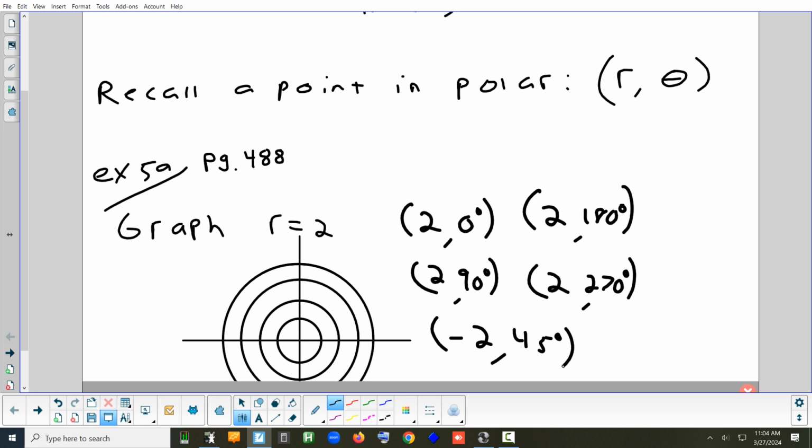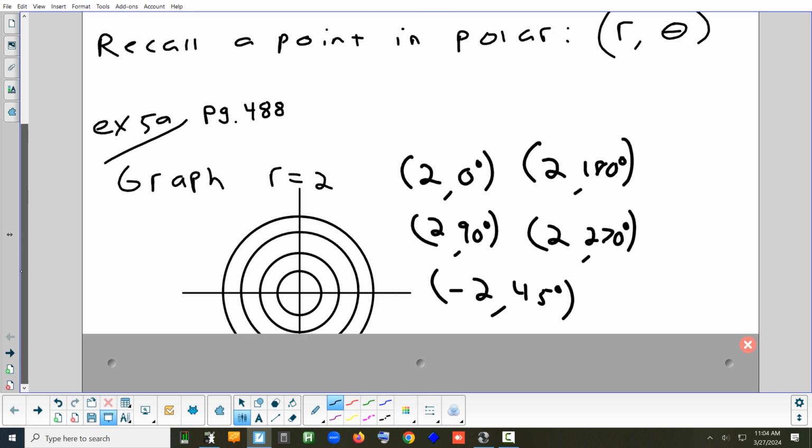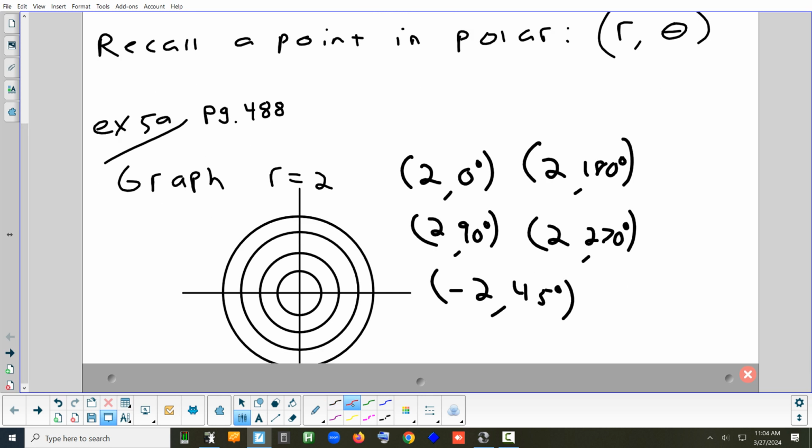But I just want you to remember that this is okay as a point, (-2, 45). All right, so let's graph. So we got (2, 0), (2, 180), (2, 90), (2, 270), (-2, 45 degrees). Okay. So there's all your points.